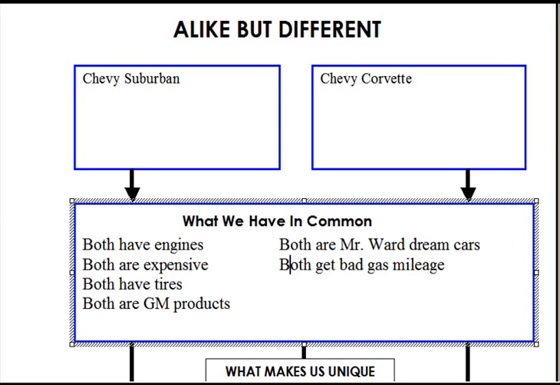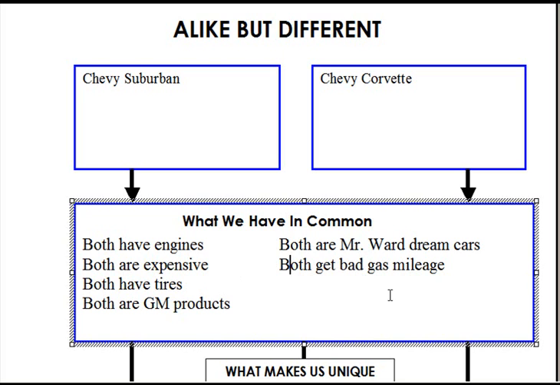As you can see, I have developed a list that shows several attributes that these 2 vehicles have in common. Both have engines, both are expensive, both have tires, both are GM products, both get bad gas mileage, both are Mr. Ward dream cars.